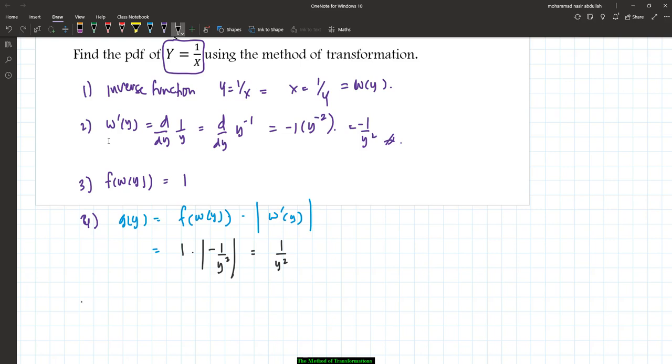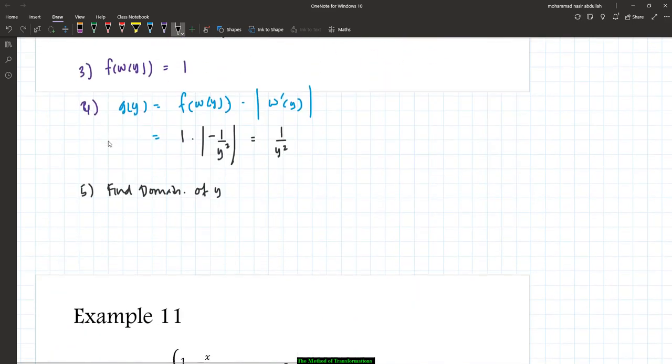So now step number 5 is to find the domain of y. So x is given between 1 and 2. So 1 less than x less than 2.